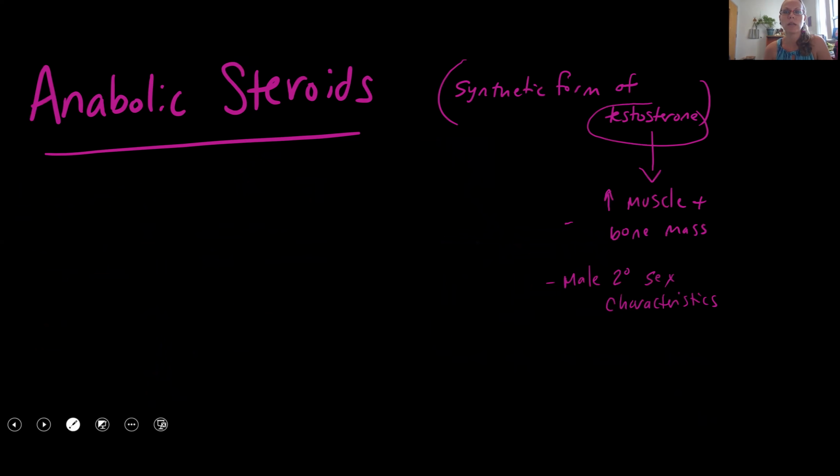We can actually create steroids in the lab. So we have what are called anabolic steroids. Anabolic steroids are a synthetic form of testosterone. They're called anabolic because anabolic reactions are building reactions. And some of the jobs of testosterone are to increase your muscle mass, increase your bone mass.